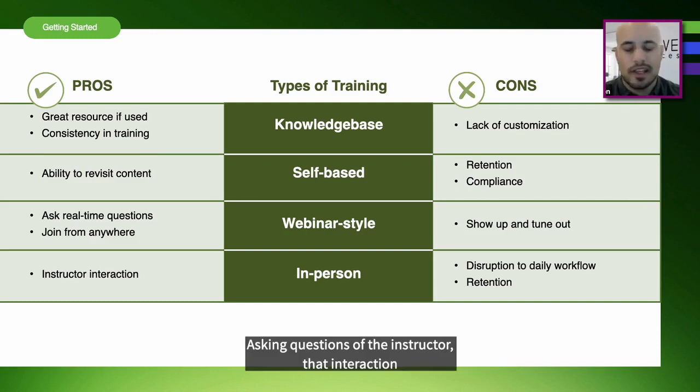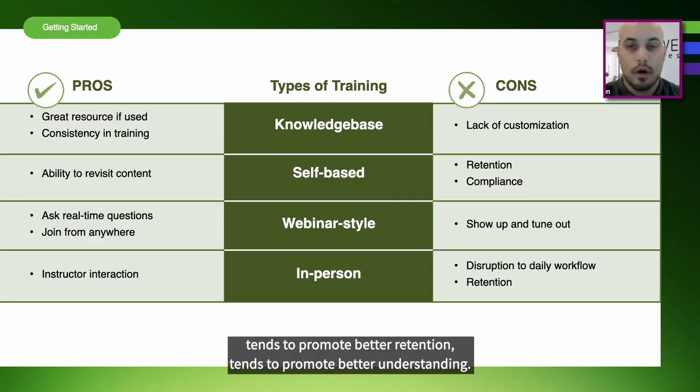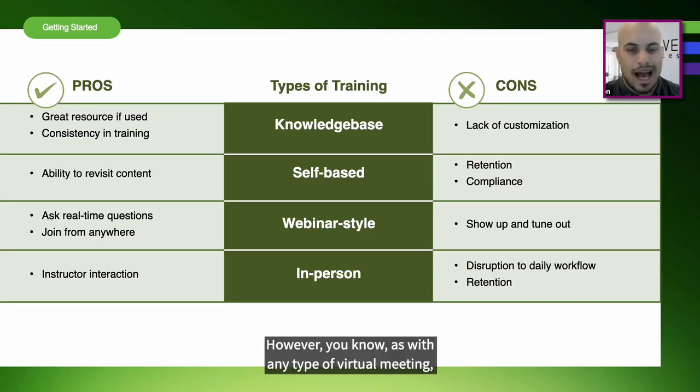Asking questions of the instructor, that interaction tends to promote better retention, tends to promote better understanding. However, as with any type of virtual meeting, people might have a tendency to show up and tune out, especially if those training or webinar style seminars are not exactly interactive. It can be pretty one-sided.